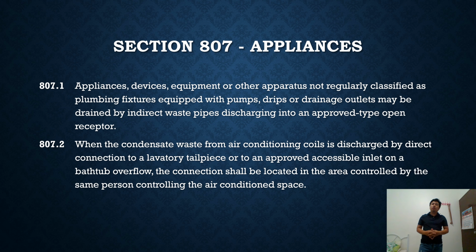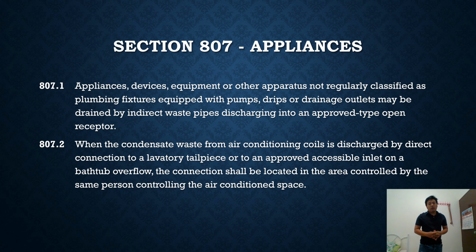Section 807, appliances. Appliances, devices, equipment or other apparatus not regularly classified as plumbing fixtures, equipped with pumps, drips or drainage outlets may be drained by indirect waste pipes discharging into an approved type open receptor.